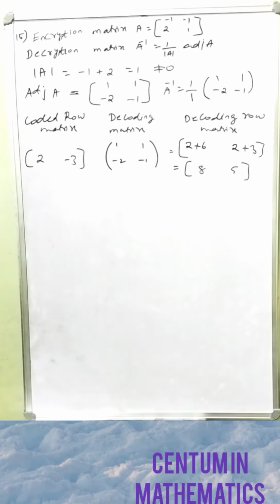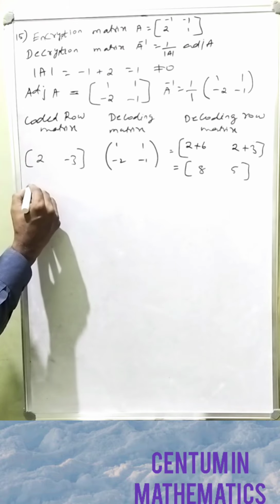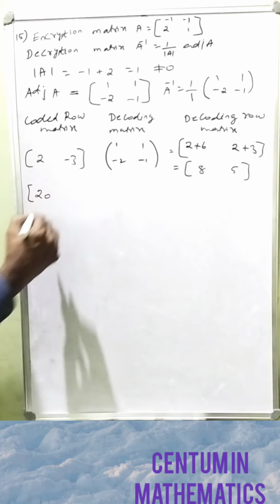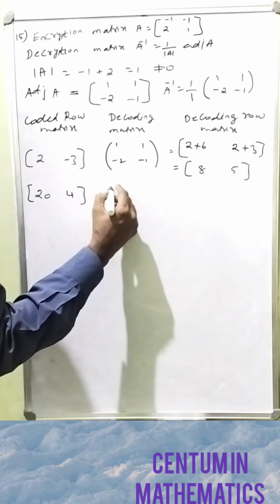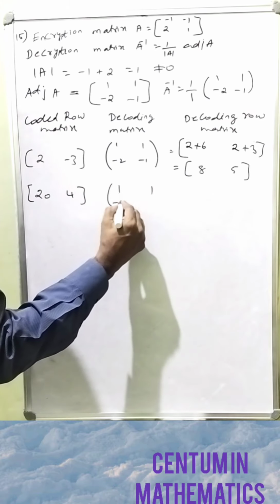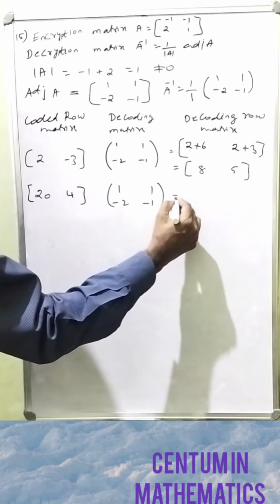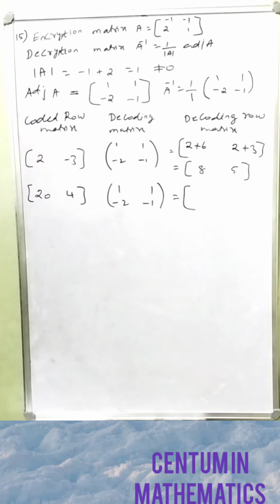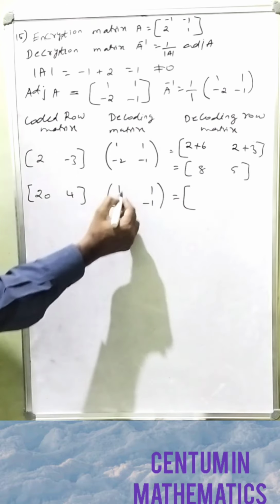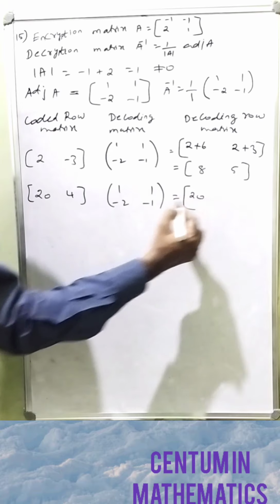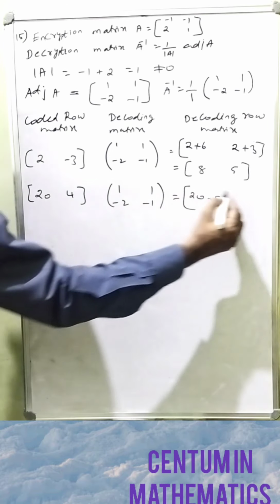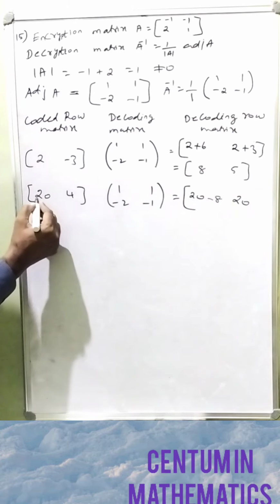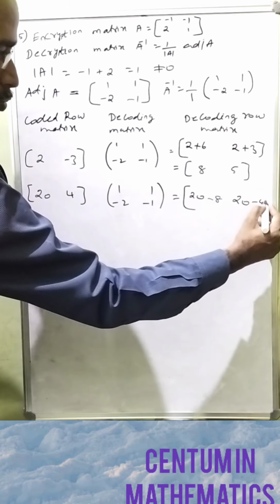8 and 5. Now the second coded row matrix, 20 and 4, is given. Here the same decoding matrix, 1, 1, minus 2, minus 1. Now these two we have to multiply: 20 minus 8, then 20 minus 4.